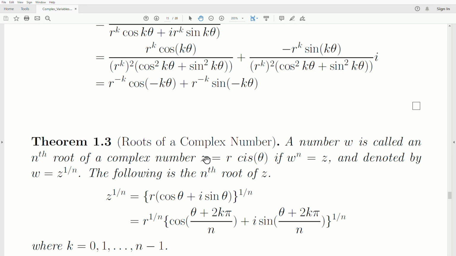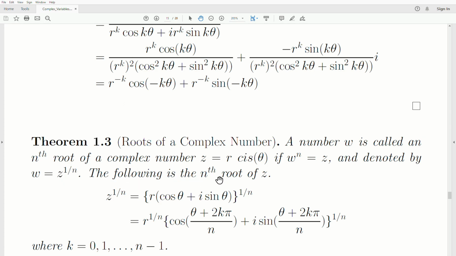Now let's look at the roots of a complex number. A number w is called the nth root of the complex number z, of course written in polar form, if w to the n equals z. So that's the nth root, raised to the n, you get z back. And it's denoted by w equals z to the 1 over nth power.